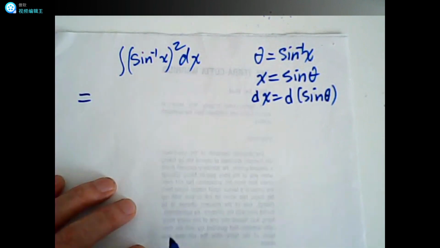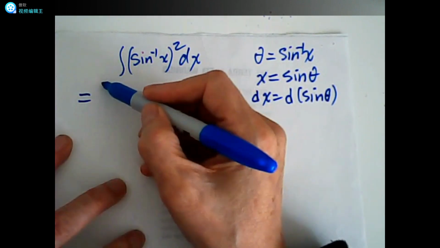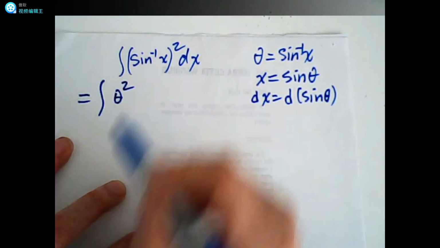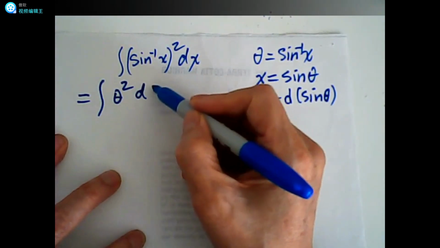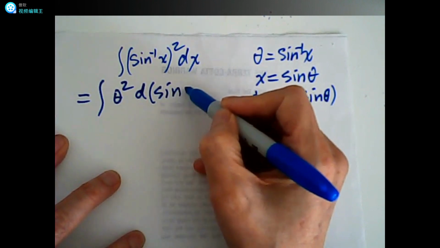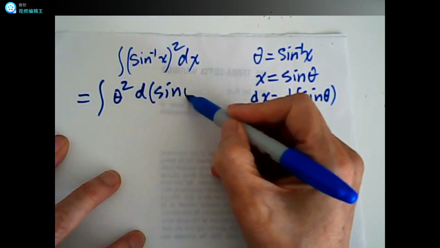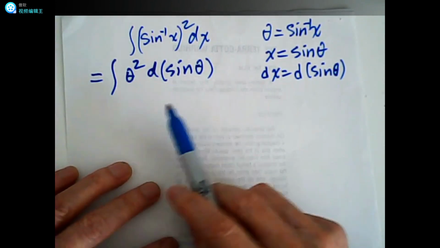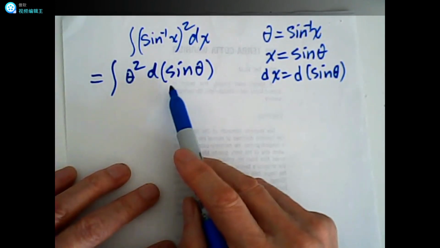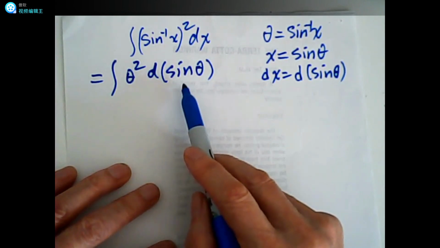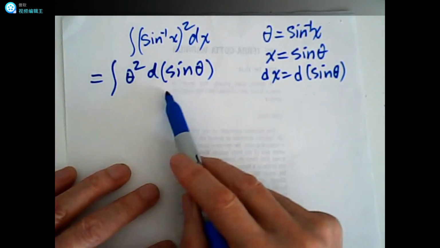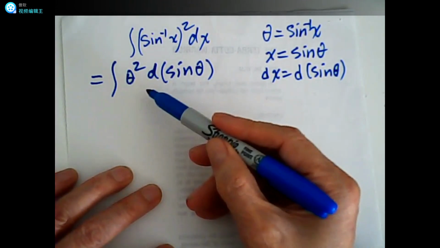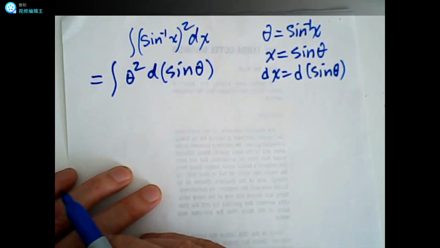So this integral becomes the integral of theta squared d sine theta. Now the reason I'm not expanding d sine theta as cosine theta d theta, but writing d sine theta, is because I'm going to use integration by parts.